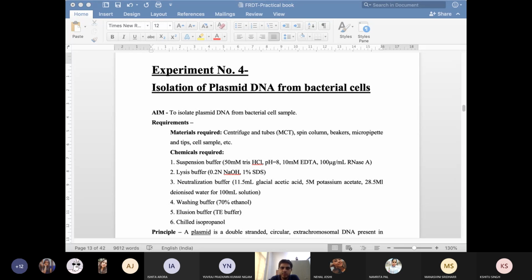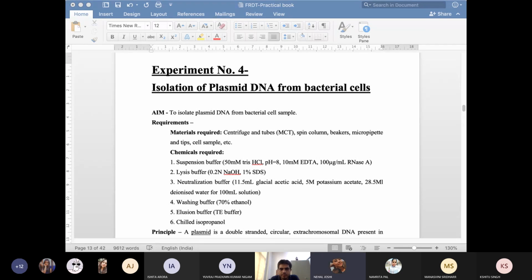Whatever machinery you are referring to for the chromosomal DNA, the same is required for the plasmid DNA also. Both require all the enzymes, the polymerases, helicases, ATPase, whatever enzymes you need for the replication of chromosomal DNA. So for the sake of replication, there is no difference.